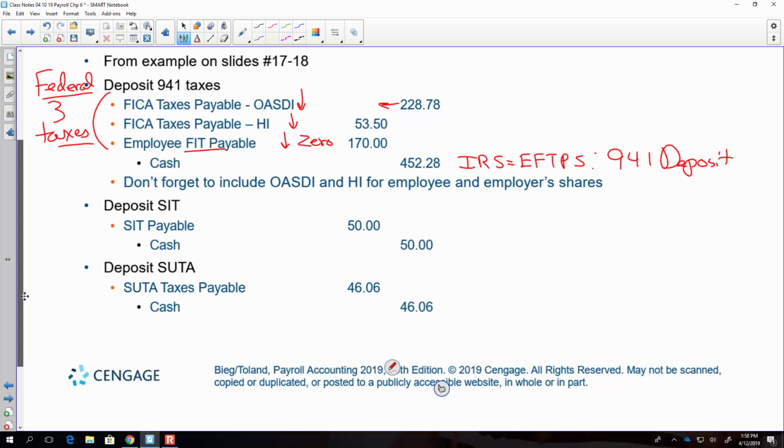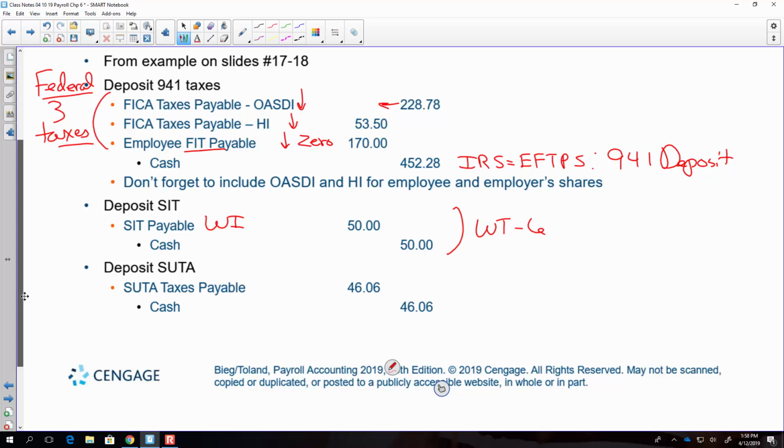And then the next entry, obviously, if I'm paying in my federal income tax, right, that we withheld, we also got to do that for Wisconsin. This is where the WT6 comes in for Wisconsin. That's the deposit ticket, basically. Again, we would use a Wisconsin EFTPS system to make that deposit.